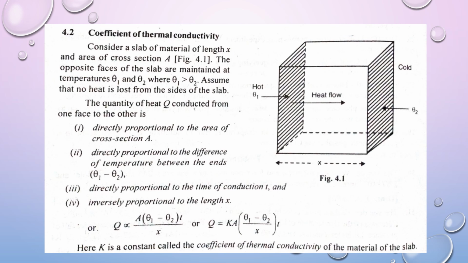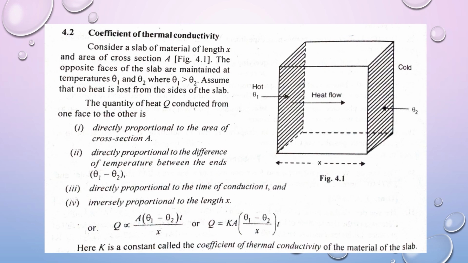Coefficient of thermal conductivity. Consider a slab of material of length x and area of cross section A. The opposite faces of the slab are maintained at different temperatures, θ1 and θ2, where θ1 is always greater than θ2.